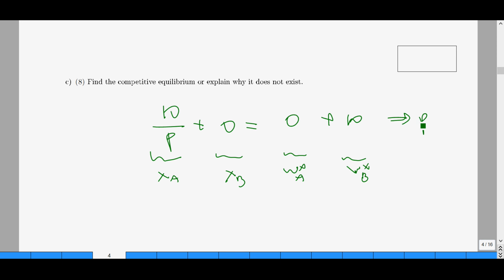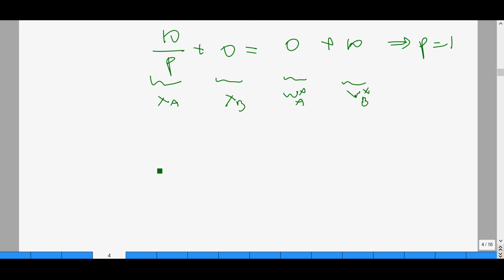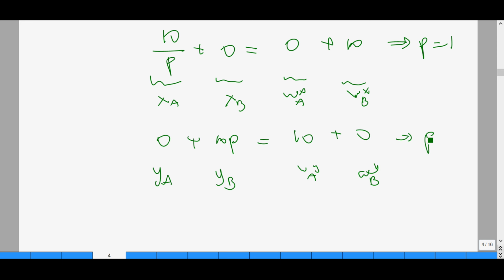Then we know p is 1 directly, we don't even need the other one, but maybe we'll write it down. ya plus yb, ya is 0 plus yb is 10p, is 10, equal to omega ay plus omega by, so p is 1 again.